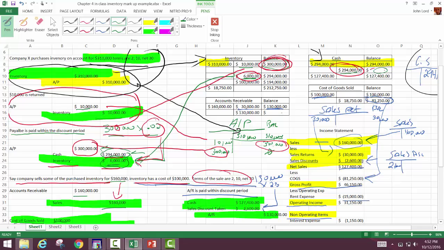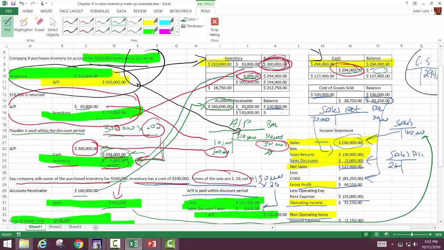I have debited my accounts receivable, and I'm going to erase it just to put it back. There's my debit to accounts receivable, $160,000, right? So for a second the balance is $160,000. Don't worry about that credit yet. I go ahead and I credit the sales $160,000, right? Okay, good.